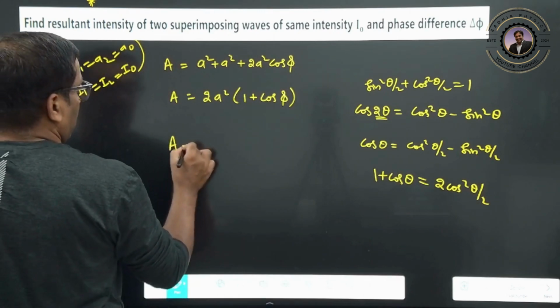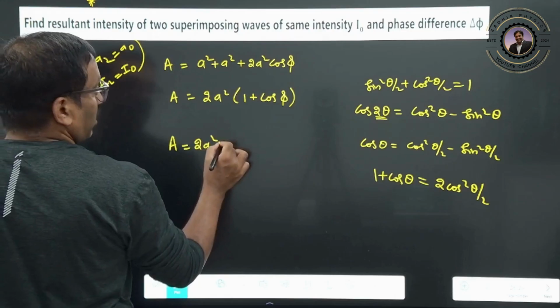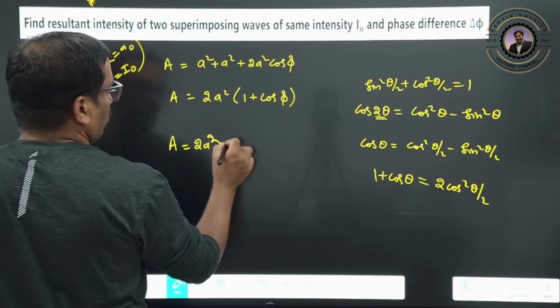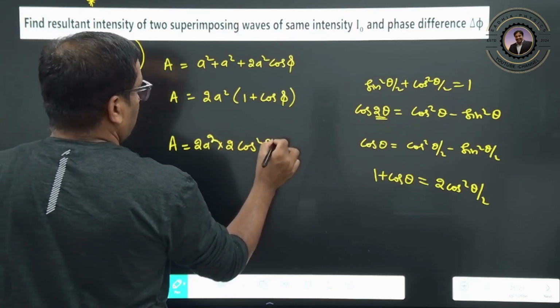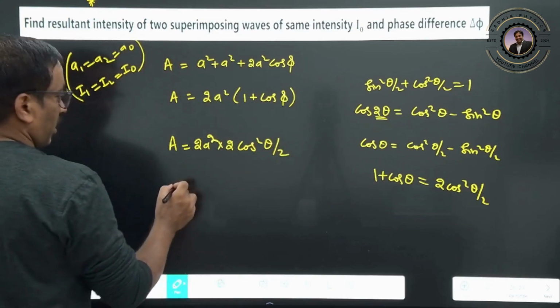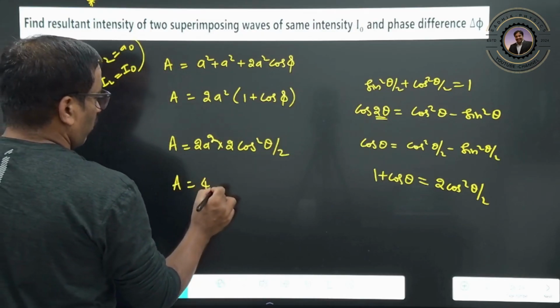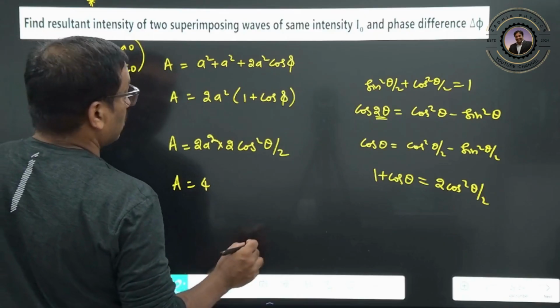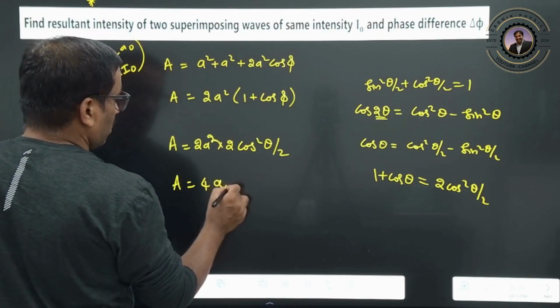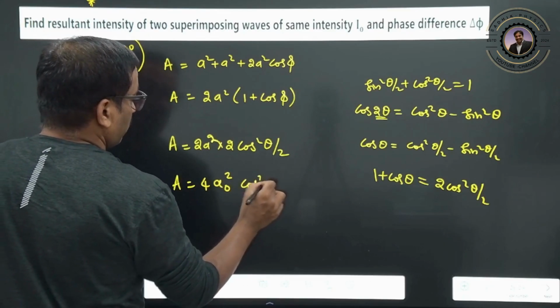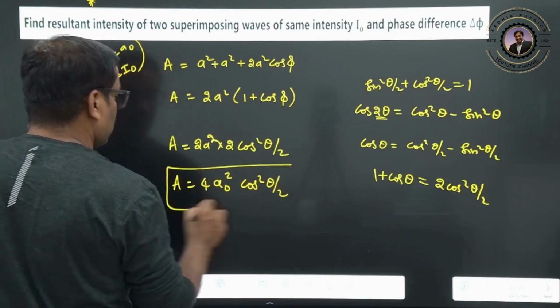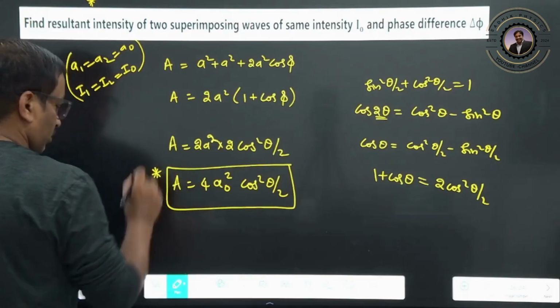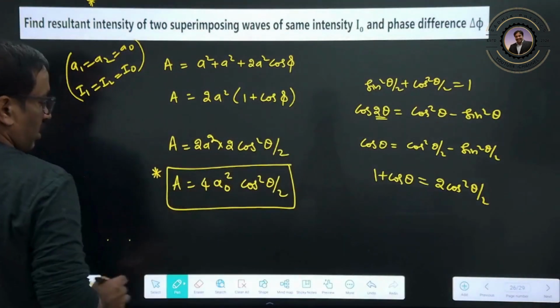So A square can be written as 2a square into 2 cos square phi by 2. Therefore A square is equal to 4 a naught square cos square phi by 2. This is your amplitude now. So what is intensity?